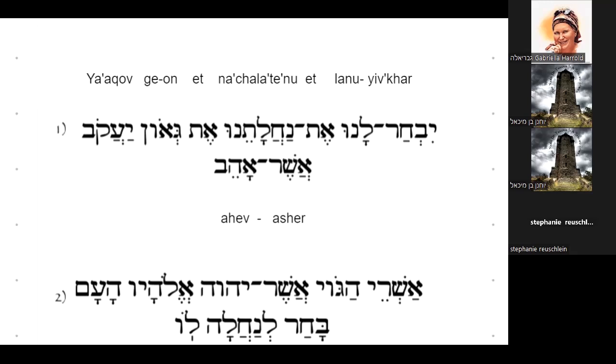Asher is one of those words that fits all over the place, and it means so many things. Asher means to be satisfied. It means to be blessed. It means as a result of. But in this case, we can only really use the word that and make it make sense, because we have this word ahev attached to the end of it.